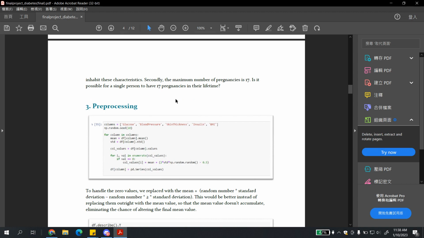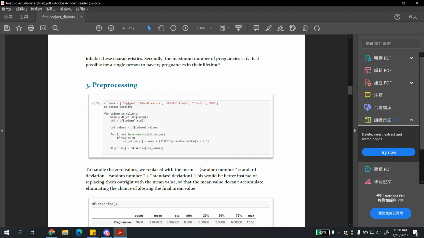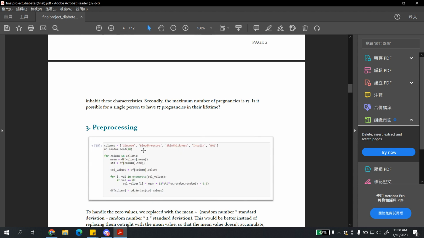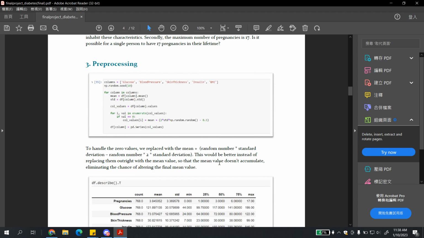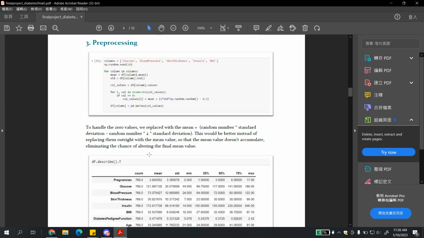For the values that have 0, here it is: glucose, blood pressure, and the others, we are going to replace them with the mean plus a random number using a random seed times the standard deviation, minus a random number times 2 times the standard deviation.